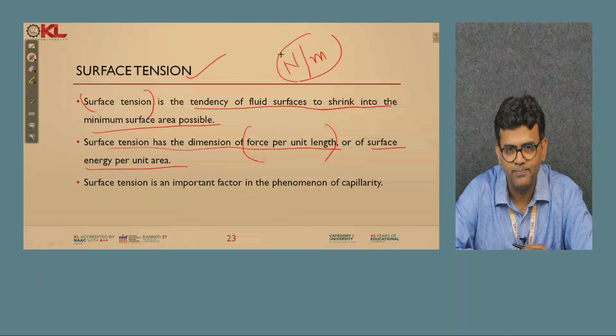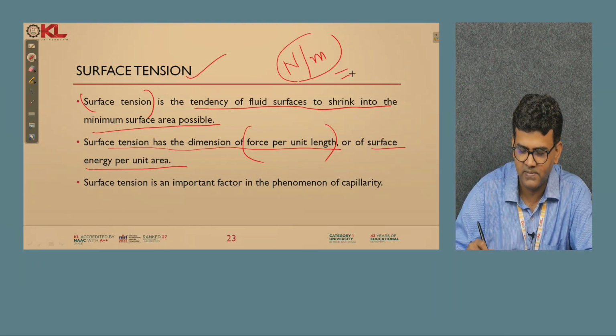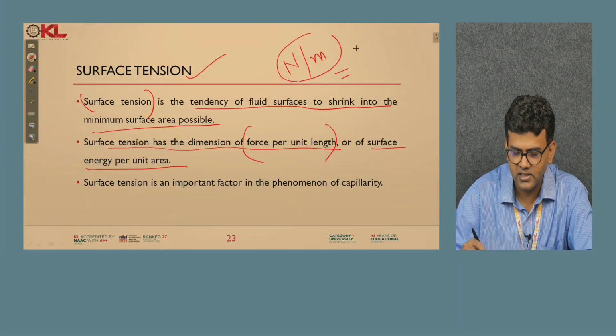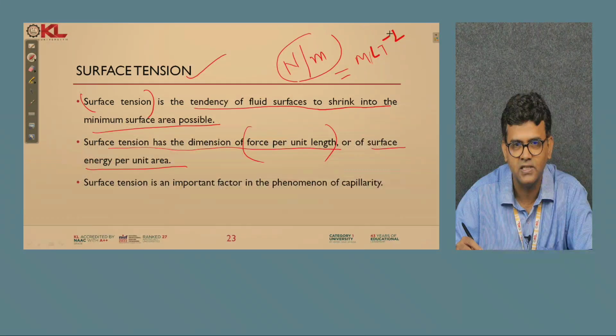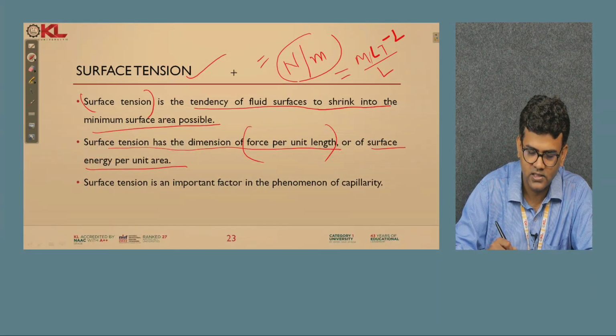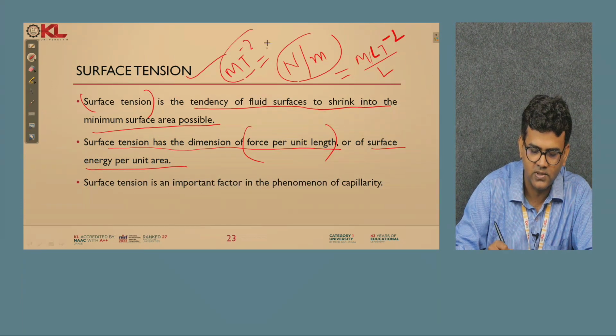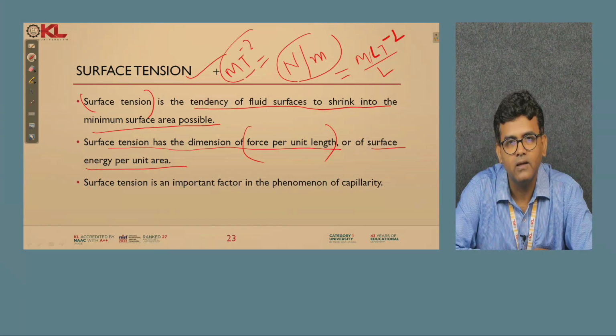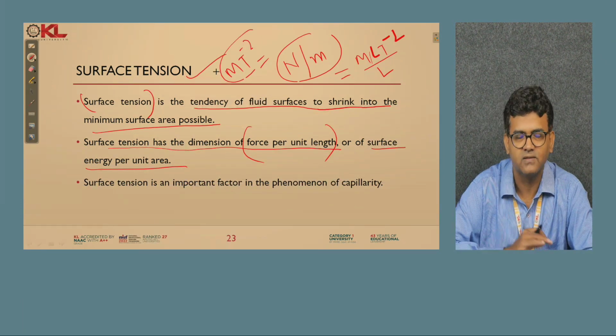Or in dimensions, the dimension for the Newton is MLT to the minus 2. Per unit length L, it becomes MT to the minus 2, the dimension for the surface tension.